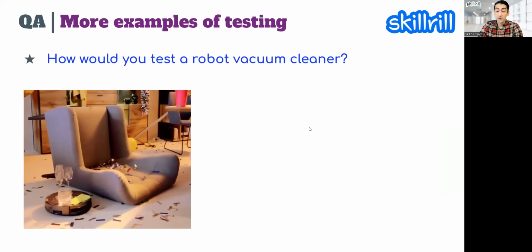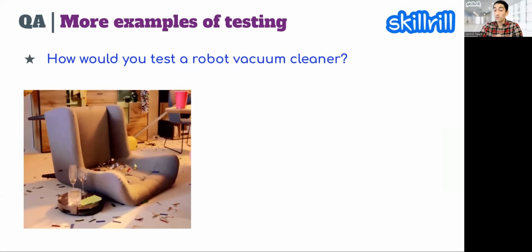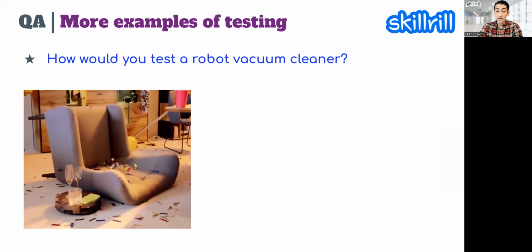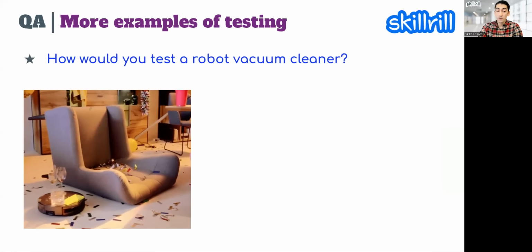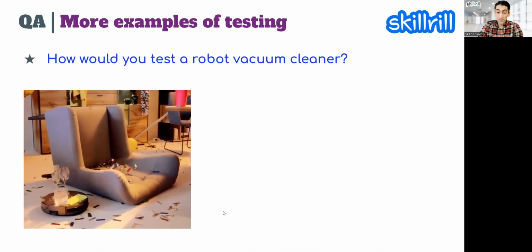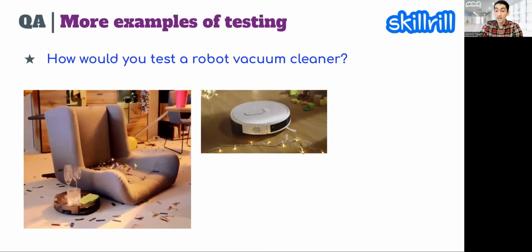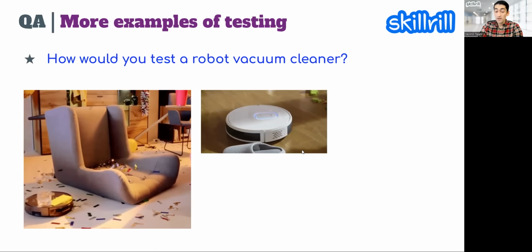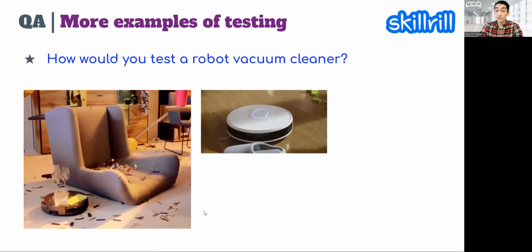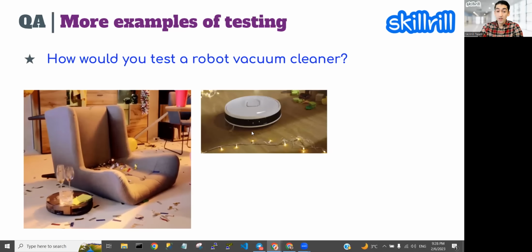Robot vacuum cleaner, and as you can see, one idea here would be to test if the vacuum cleaner would still go ahead and handle the bigger pieces, like maybe Lego pieces. How else could you test? You could test it against wires, because the wires are small, and it's hard to notice.